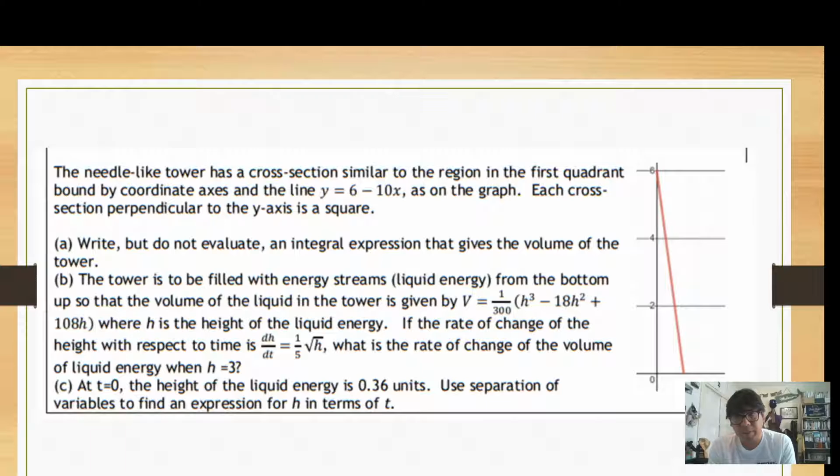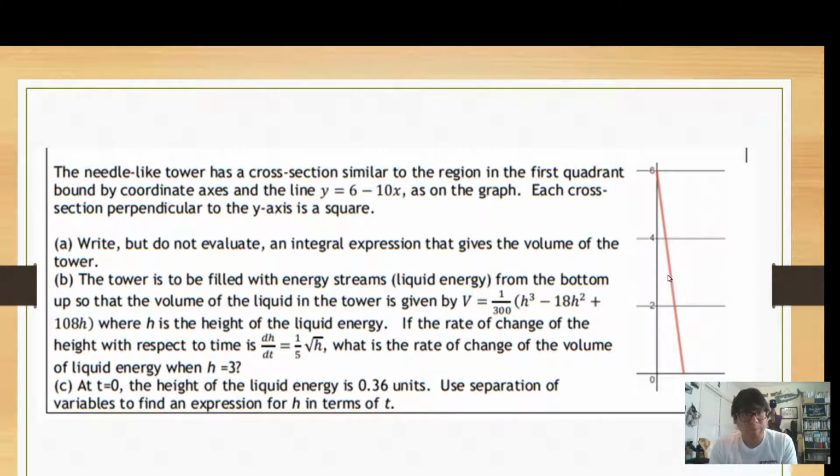We have this triangular shape, which will serve as the base of our region. And then from that, we're going to build out cross sections perpendicular to the y-axis that are squares. So you can imagine a whole bunch of squares lining up perpendicular to the y-axis all the way to the top of this tower.